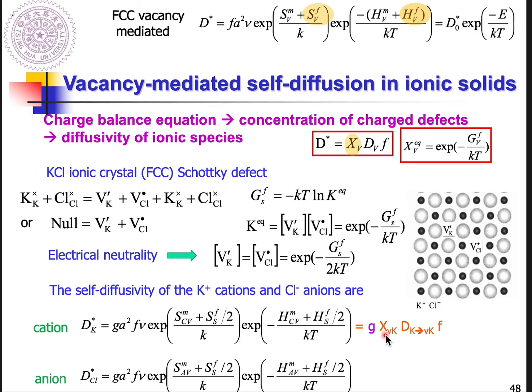So you can write down the vacancy fraction for K, and the diffusivity of the potassium ion diffusing through Vk in terms of the correlation factor F, and we use the G here, because we talk about ionic materials, so that involves different kinds of mechanism. So we put a G here.